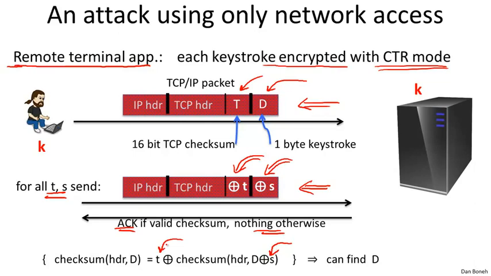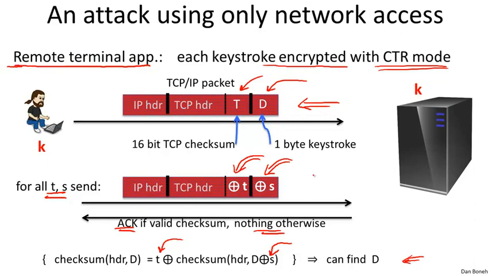So it turns out for certain checksums, by looking at a sequence of equations of this type, you can actually figure out what the value D is. I should point out that for the TCP checksum, this actually might not be true, but certainly there are easy checksums for which this is absolutely true. So again, by looking at a lot of equations of this type, the attacker can recover D. And this is a really nice example of what's called a chosen ciphertext attack.